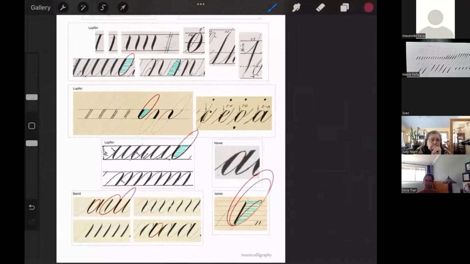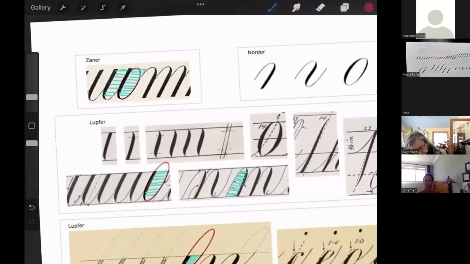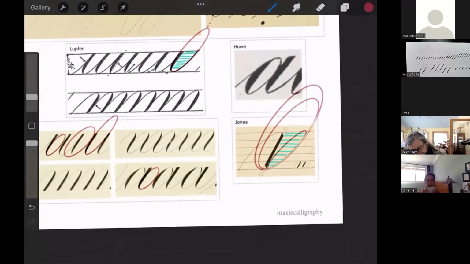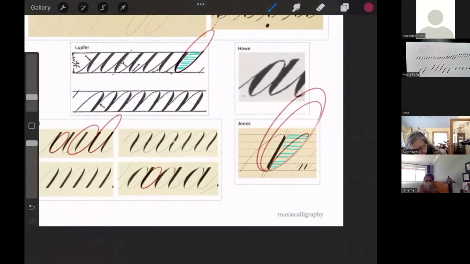When we construct our basic strokes in a minute, after some time movement exercises, we'll draw a couple of choices where the first family of basic strokes has more rounded turns based on, for example, Zahner or maybe Lupfer, and the second has more angular turns, being inspired by Baird or Jones or Howe here at the end.